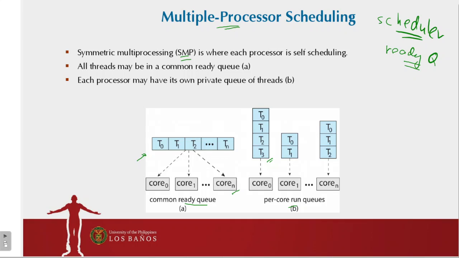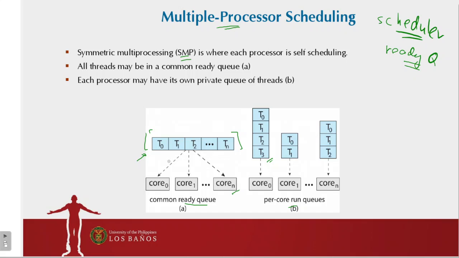So what are the advantages? If we are sharing a single ready queue, we can have a race condition problem.